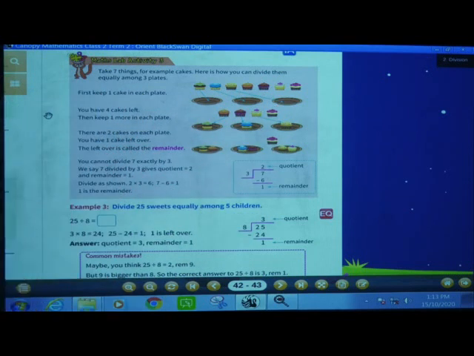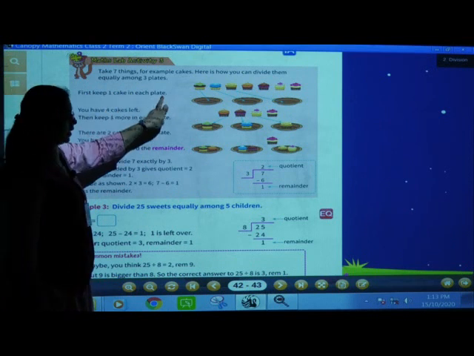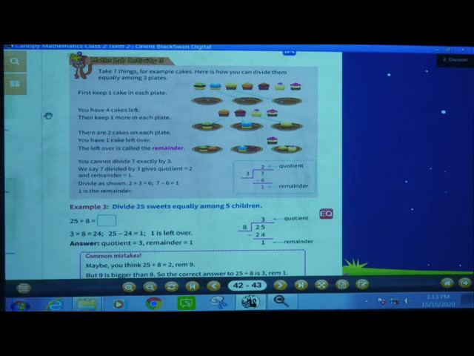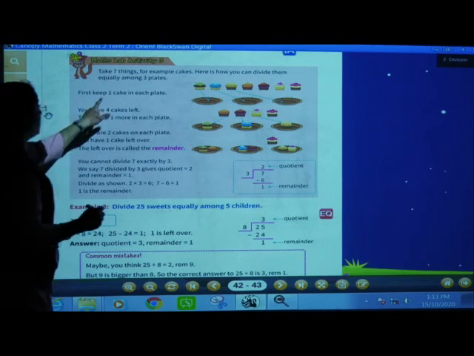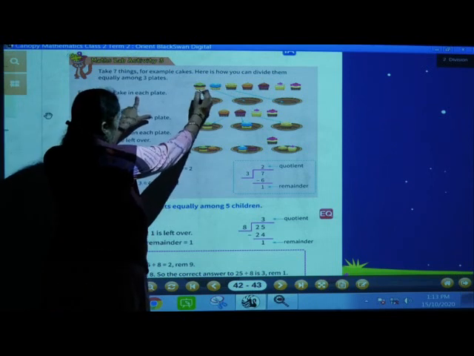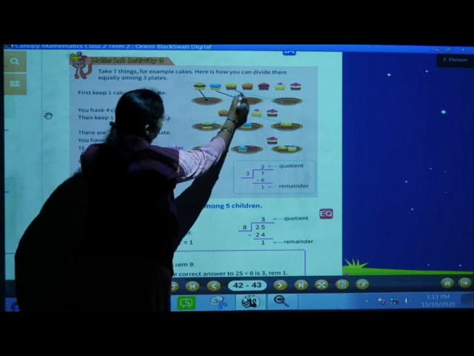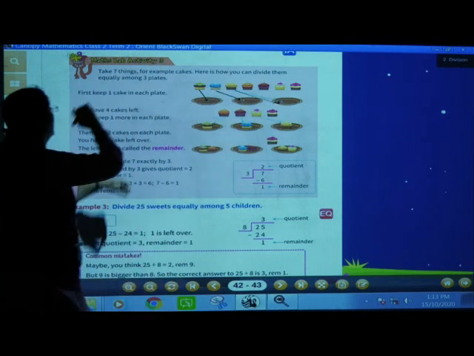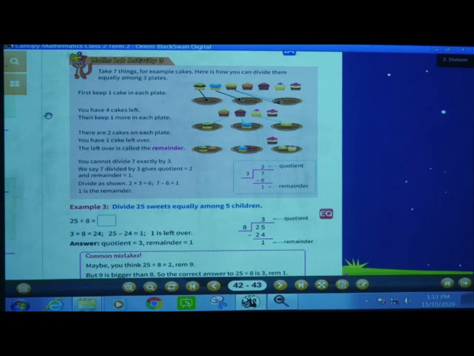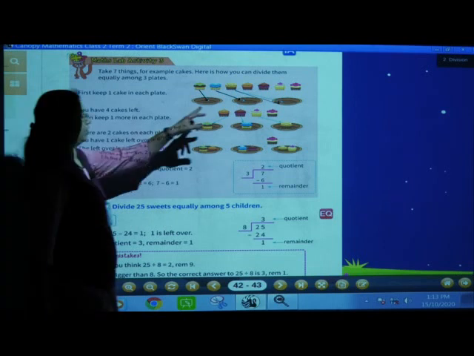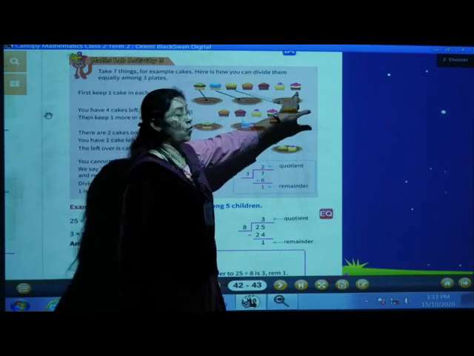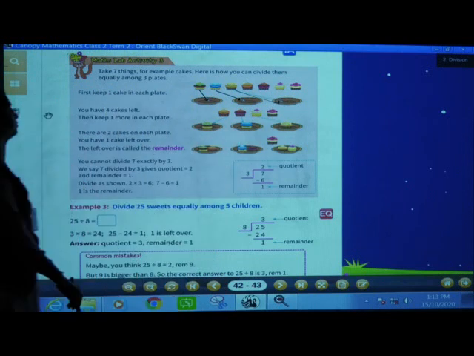How we will divide? See, first I keep 1 cake in each plate. Second and third. Then we have 4 cakes left. 1, 2, 3, 4 cakes left.